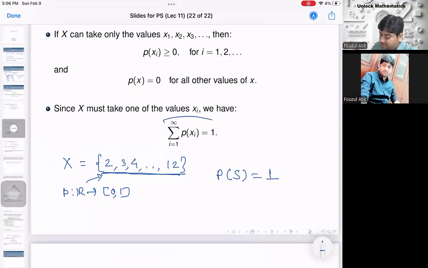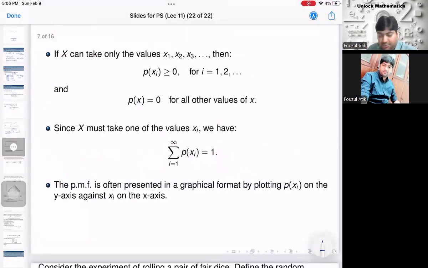Therefore, the sum of these probabilities is also 1. Among these, some values have positive quantities; other than that, they are all 0. So x must take one of the values xi, and the sum over i equal to 1 to infinity of P of xi equals 1.